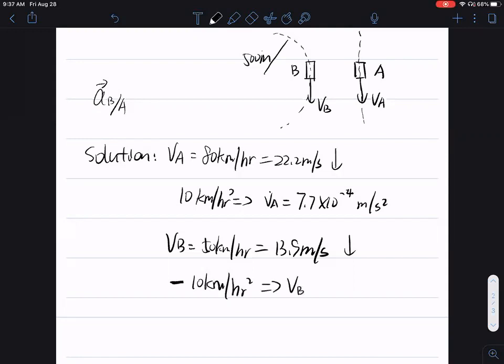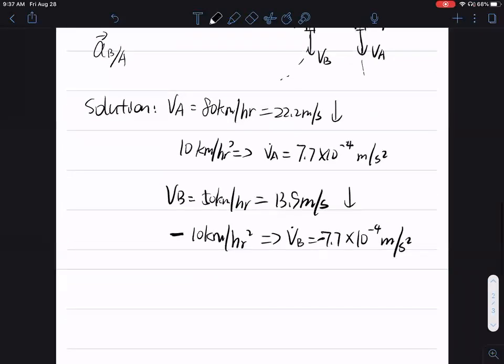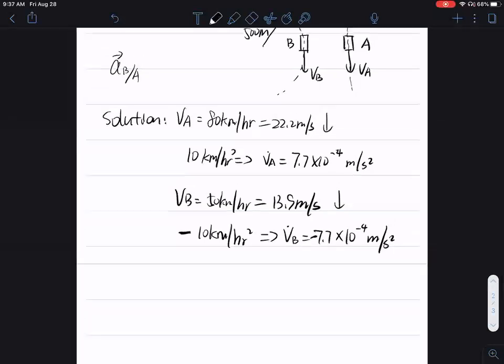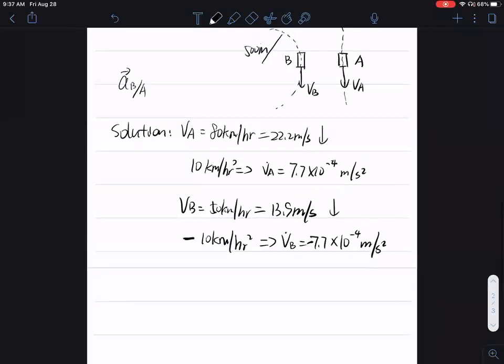That is your VB dot, which is about negative 7.7 times 10 to the negative fourth meters per second squared.